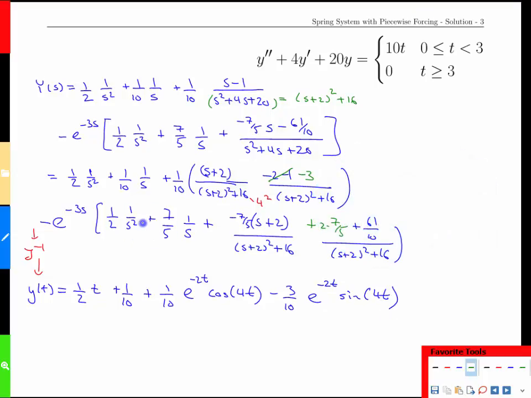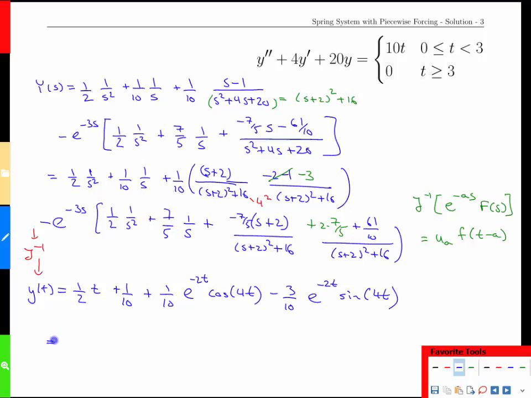Next, we have the same basic process for this collection of terms here, but we have to remember that the inverse transform of e to the negative as times F(s) is going to equal a step function that turns on at a times f of t shifted by a. So the same transform, but with all the t's replaced by t minus a.